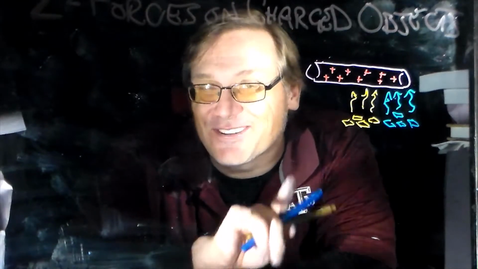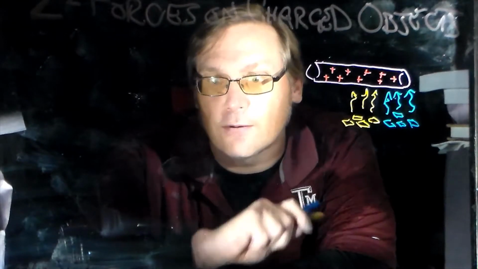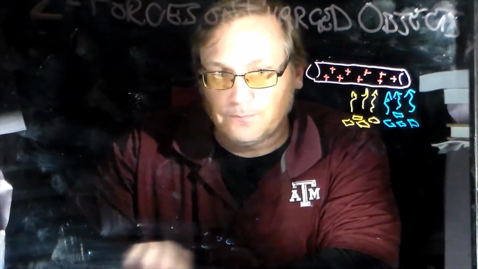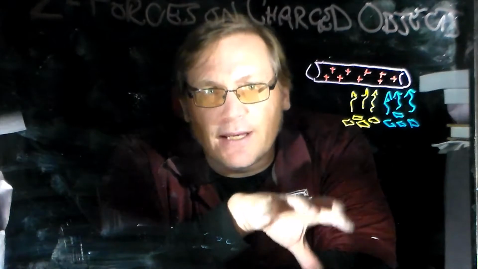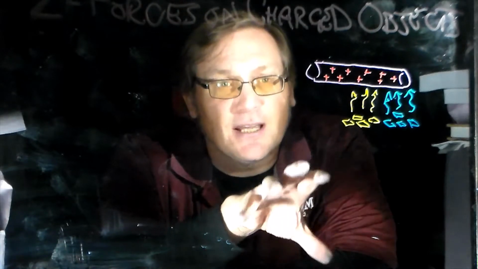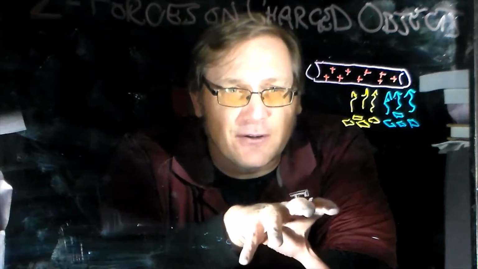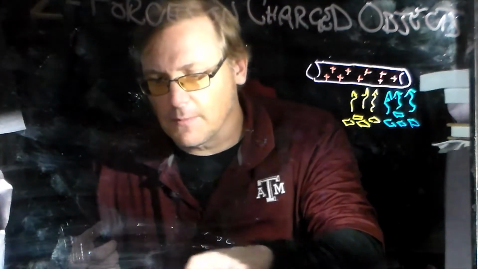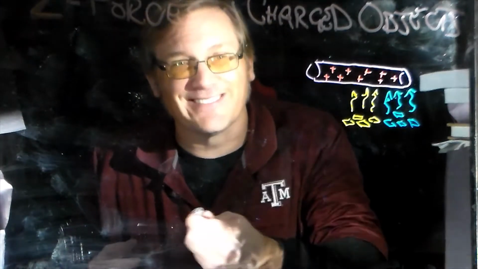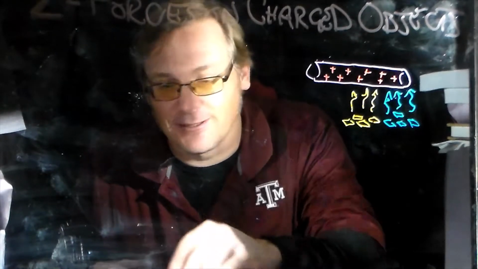They themselves aren't charged. Weird, right? So somehow they feel a force. Part of that is going to be due to the inhomogeneity of the field, but I'm just going to talk about the homogeneous field right now. The nice uniform field, the non-uniformity of the field. It's still homogeneous, I guess.